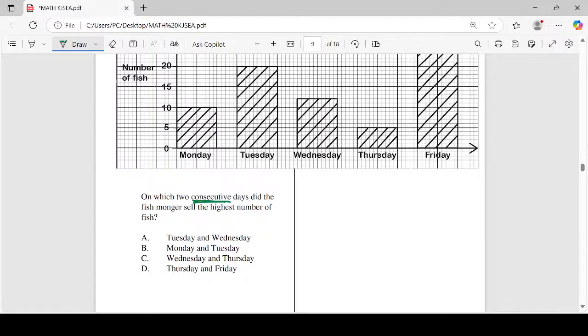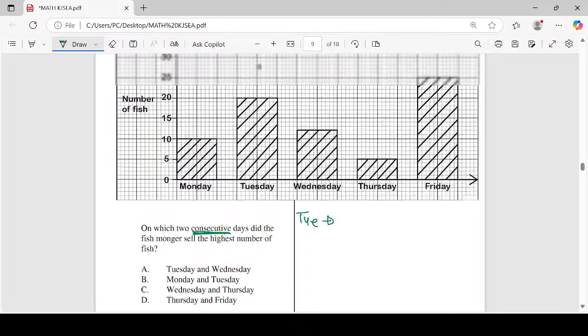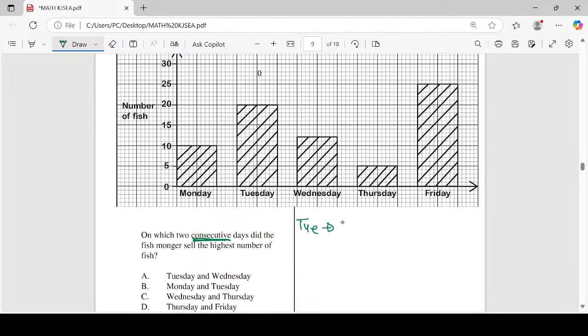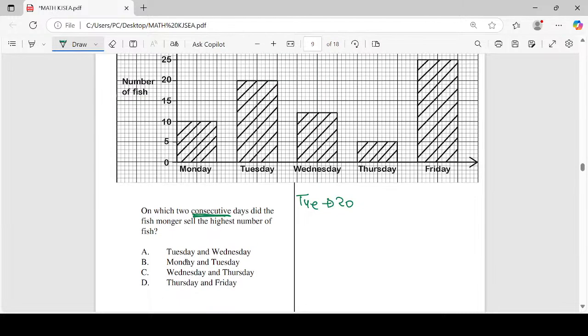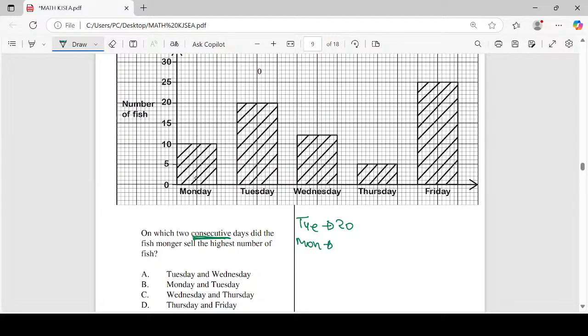So let's look at Monday and Tuesday, Tuesday and Wednesday. What was the reading for Tuesday? Tuesday they had 20. What did they have on Monday? Monday they had 10.